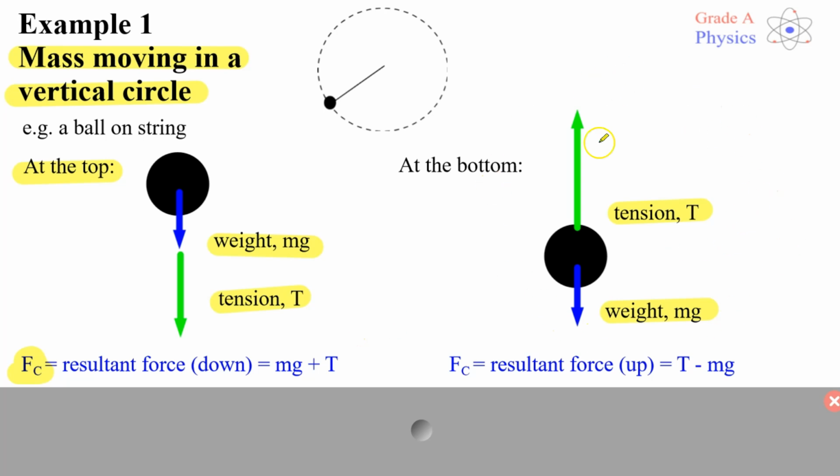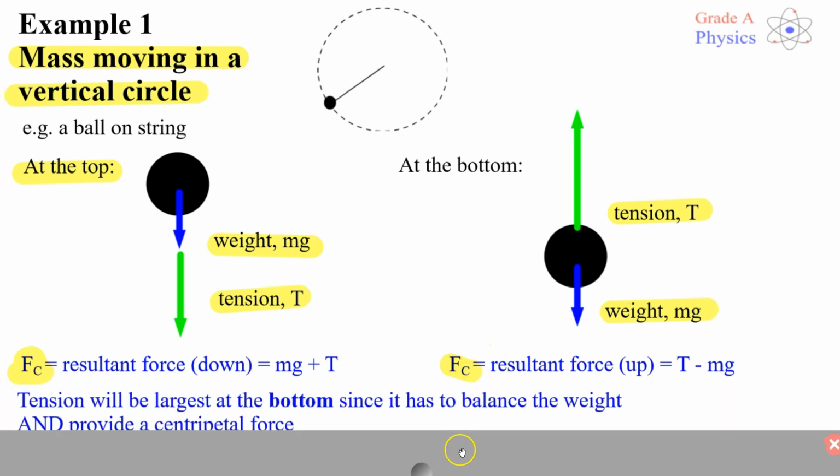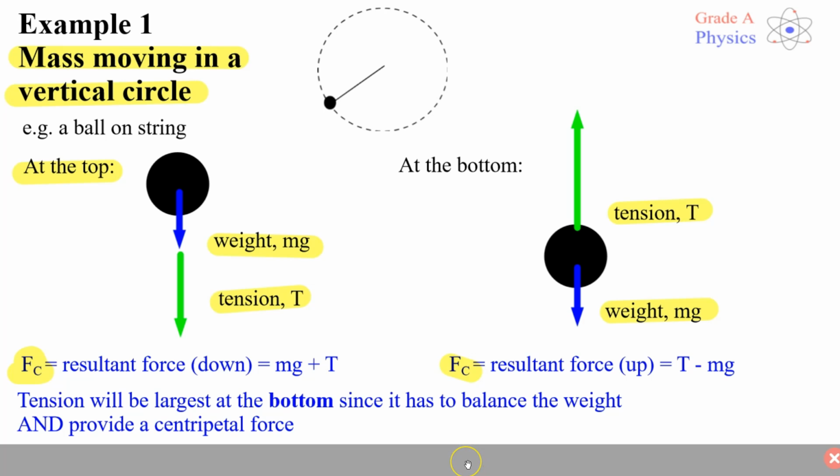And we can see at the bottom that the tension and the weight are acting in different directions. So the tension has got two jobs to do now. It's got to balance the weight and also provide a resultant centripetal force towards the center. So Fc, the resultant force, will be T minus mg. This is really important, the idea that the centripetal force is the name we give to the resultant force which arises out of the existing forces.